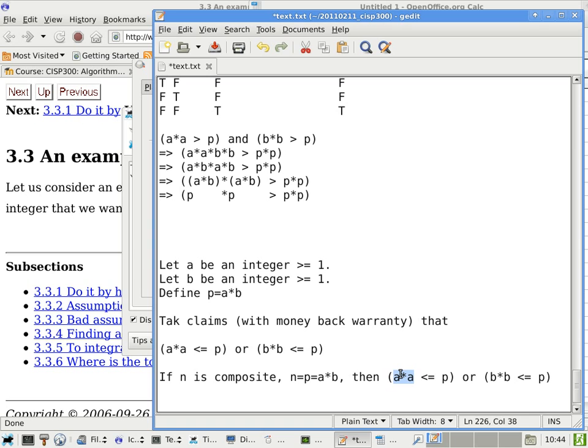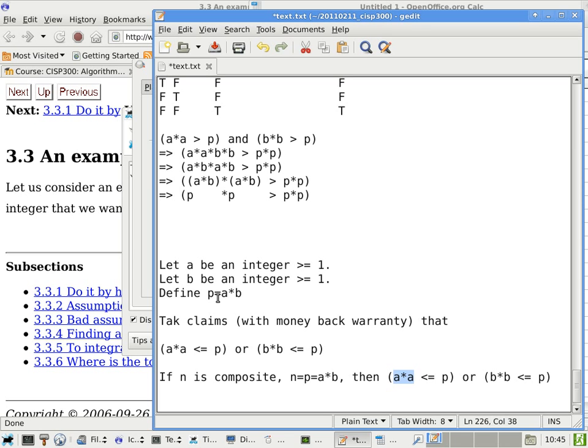127, if it has a factor, now when you have a factor, you have the opposite side, because remember, a composite number is A times B. One of those has to be less than or equal to the square root of the number. If I cannot find a prime factor, and I go from the low end up to the square root of that number, I can conclude right away that that number does not have a factor.